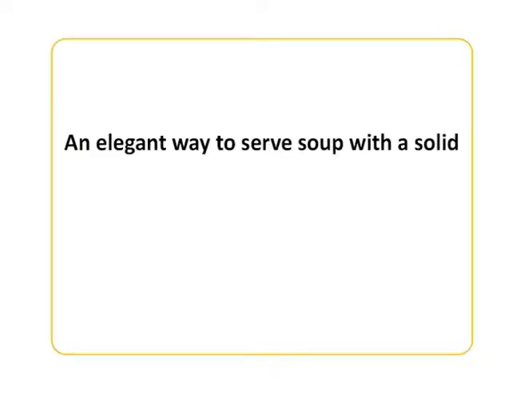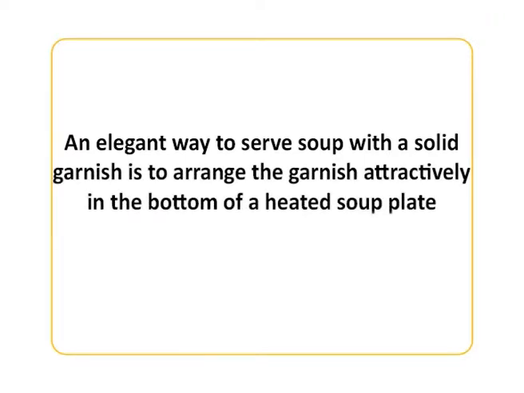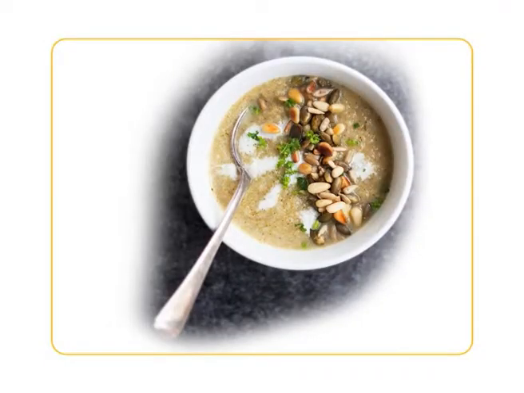An elegant way to serve soup with a solid garnish is to arrange the garnish attractively in the bottom of a heated soup plate. This plate is set before the diner and then the soup is ladled from a tureen by a dining room staff member.